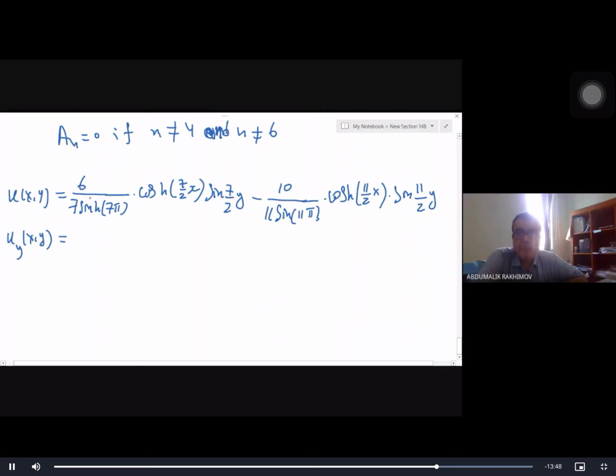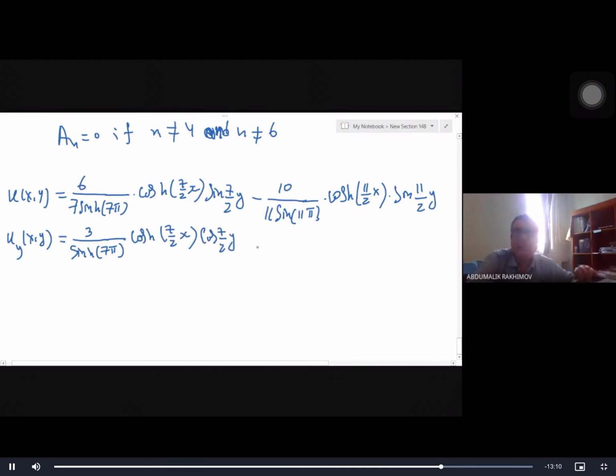If I write 7/2 here, it will be 3 over sine hyperbolic 7 pi, because from the derivative with respect to y I have 7/2. Then I have cosine hyperbolic 7/2 x. This is now cosine of 7/2 y.